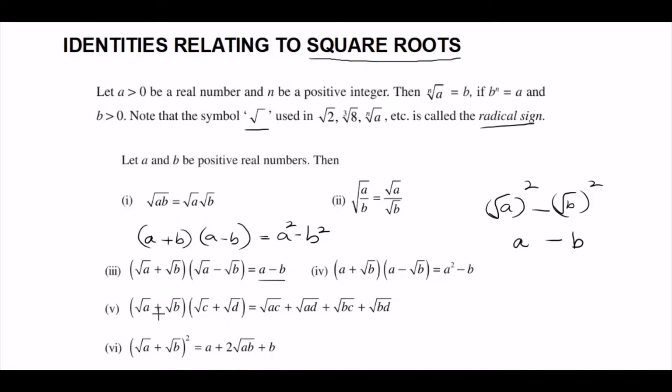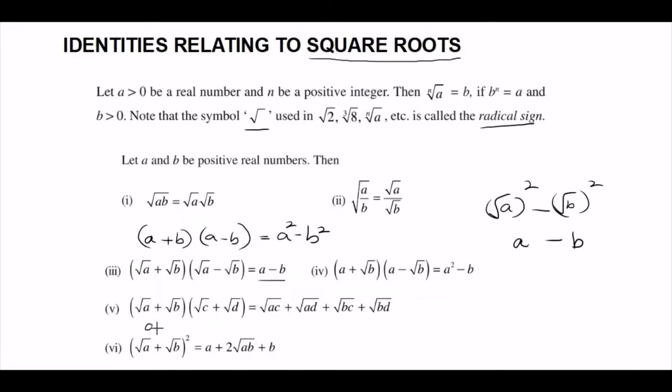When dealing with square roots, it is root a into root c plus root a into root d plus root b into root c plus root b into root d. So root a into root c is root ac, root a into root d is root ad, root b into root c is root bc, and root b into root d is root bd.